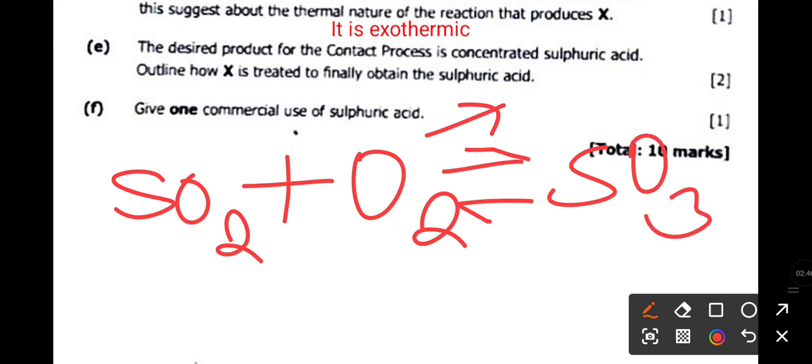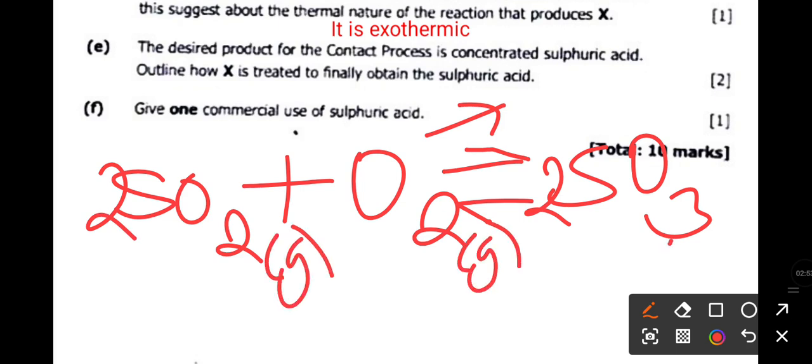So the product is sulfur trioxide. Balance it. This is a gas, this is a gas, and this is also a gas. Okay, let me write this properly. So this is the way that you write the chemical equation.